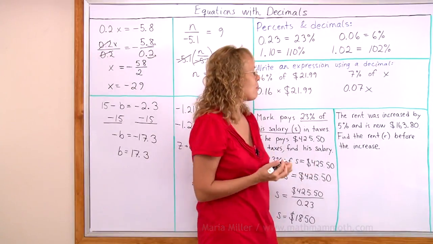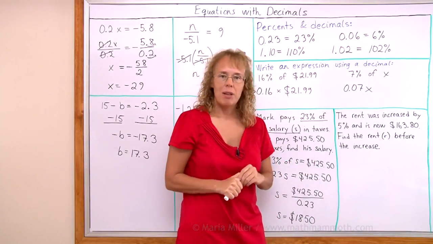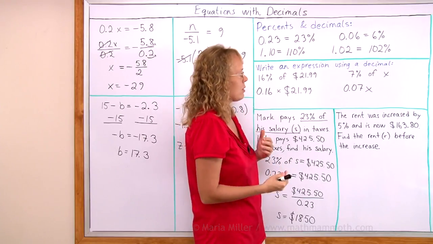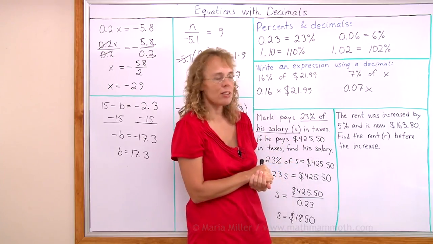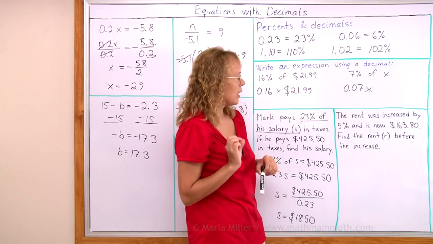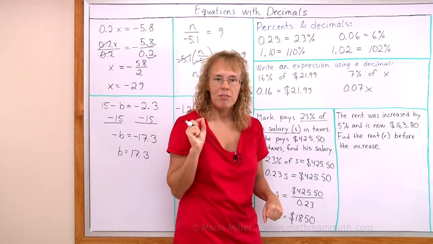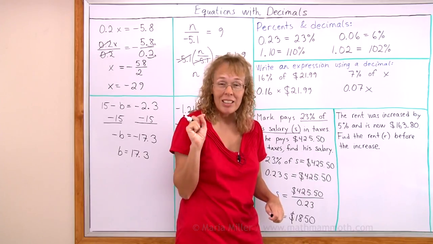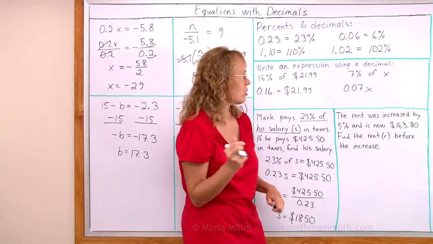Another very similar example. The rent was increased by 5%, and it is now that much, $163.80. Find the rent before the increase. Okay. When the rent is increased by 5%, it becomes 105% of the original, okay?